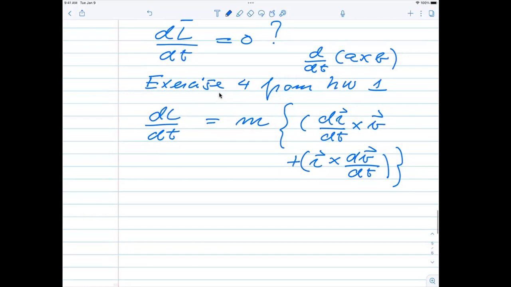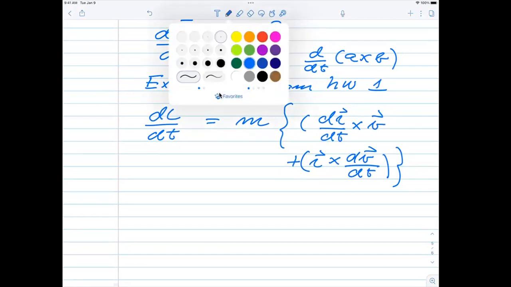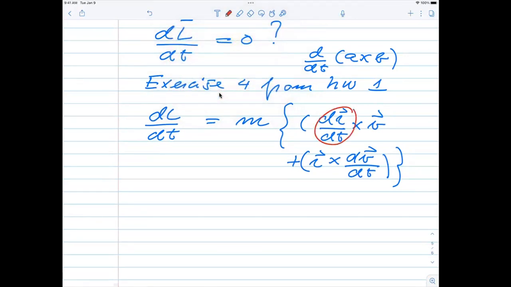Now, what we know is that the quantity you see here is actually the velocity. And we know that this quantity here is actually the acceleration. And we know also that m is just a constant, so we can place the constant wherever we want.